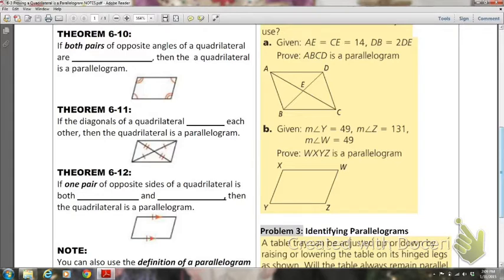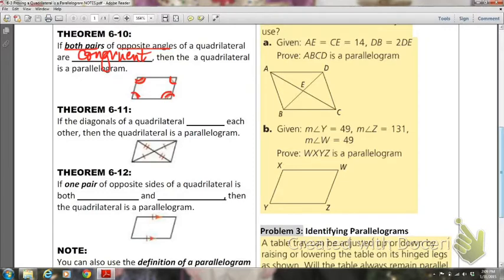The next theorem says that if both pairs of opposite angles of a quadrilateral are congruent, then the quadrilateral is a parallelogram. So in the diagram you can see the matching congruence markings on opposite angles, which indicates that that quadrilateral is a parallelogram.